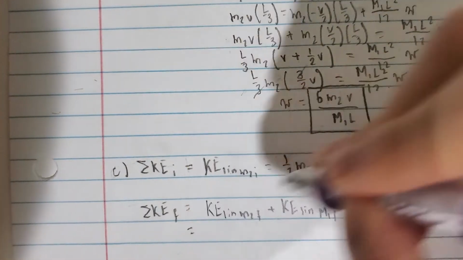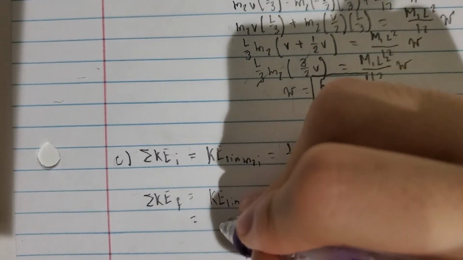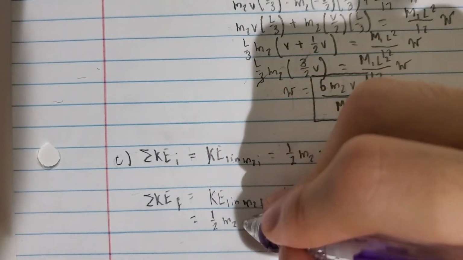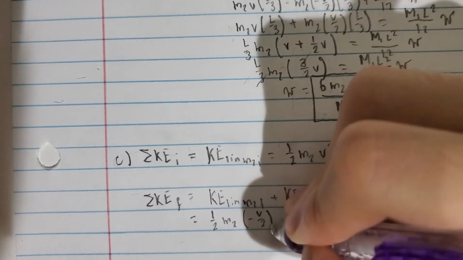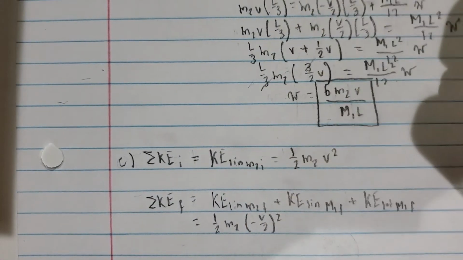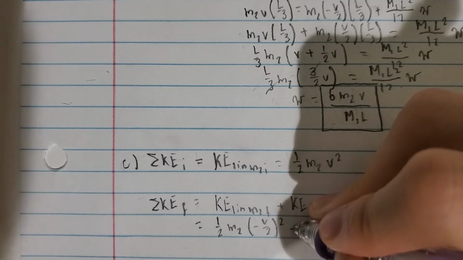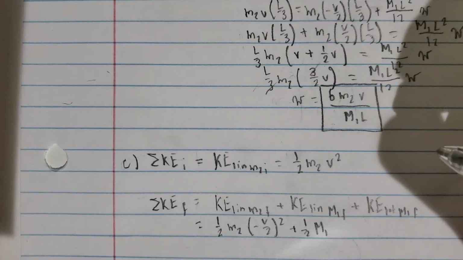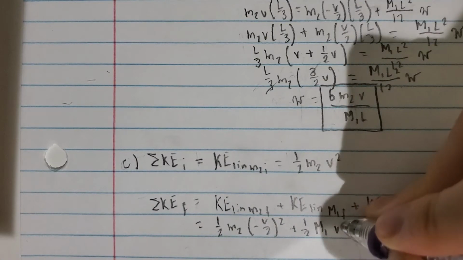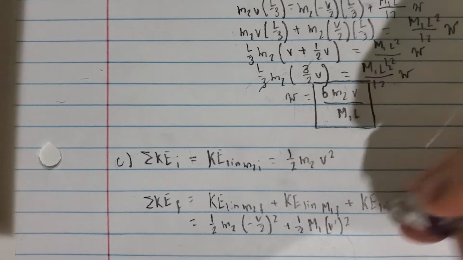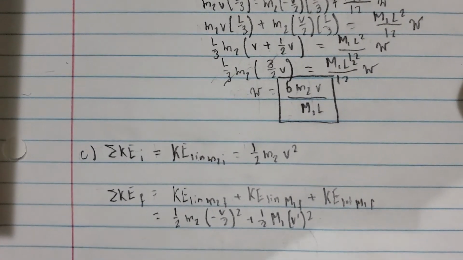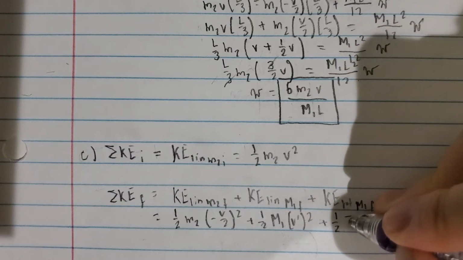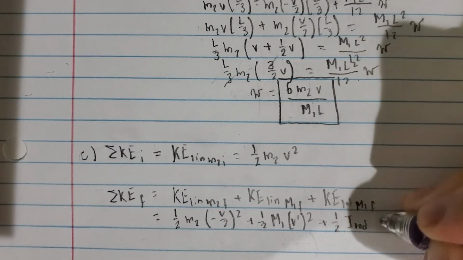KE linear M2 final is equal to 1/2 times M2 times the final velocity squared, which is negative V over 2, squared. KE linear of M1 final is 1/2 times M1 times the final velocity of M1, which is V prime, so V prime squared. KE rotational of M1 final is equal to 1/2 times the moment of inertia of the rod times omega squared.